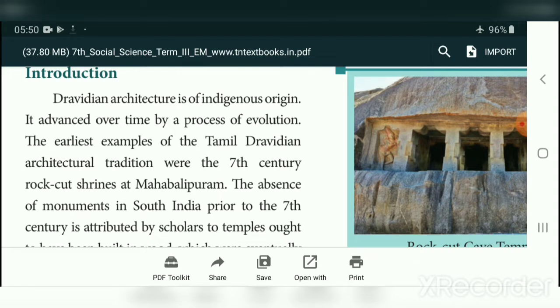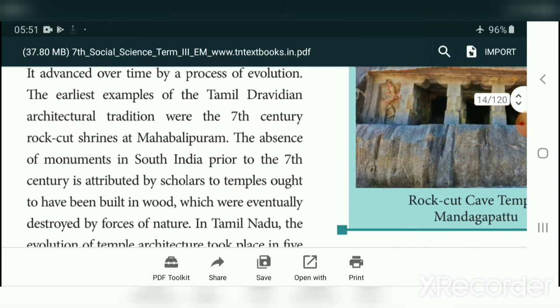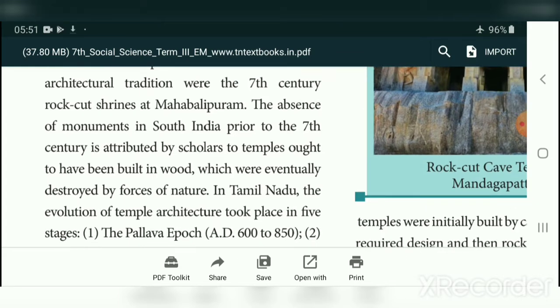The earliest examples of the Tamil Dravidian architectural tradition were the 7th century rock-cut shrines at Mahabalipuram. So the best example for Dravidian architecture during the 7th century is the rock-cut shrines in Mahabalipuram. Nowadays also we can see those rock temples.